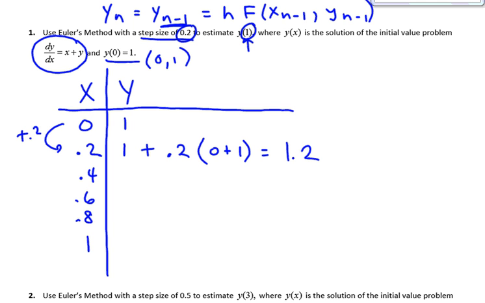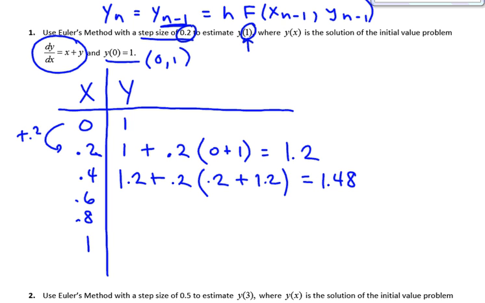So then to do the next step, we use the previous y value of 1.2 plus the step size times the derivative evaluated at the previous x and y value, which is 0.2 for the previous x value plus 1.2 for the previous y. So again, if you use your calculator here, if you need it, you would get 1.48.